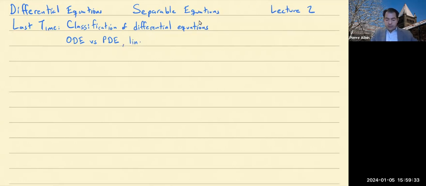Then we talked about linear versus nonlinear. This refers to how the dependent variable, so say y, enters into the equation. So linear equations, you can have, say, cosine t times y. That's still linear for y, but you can't have things like y squared.